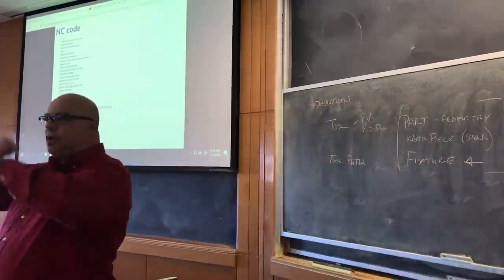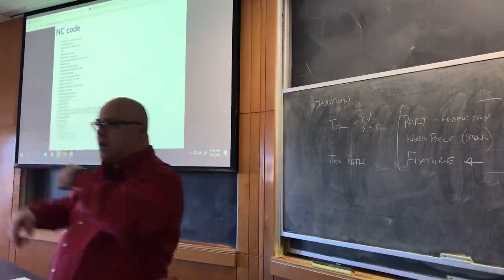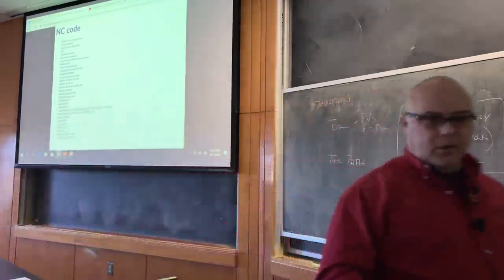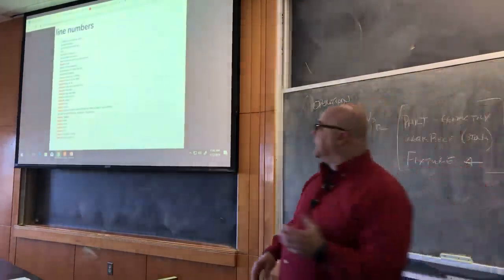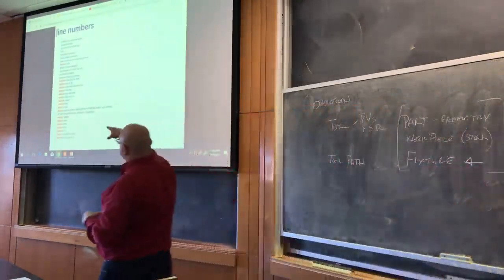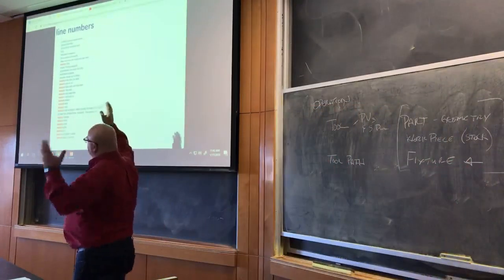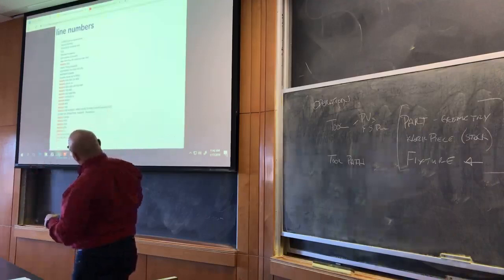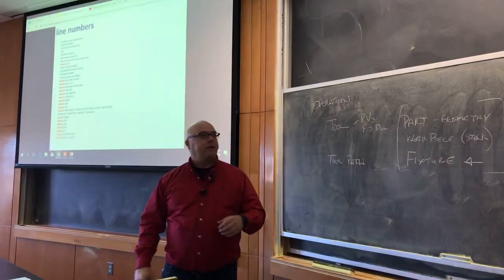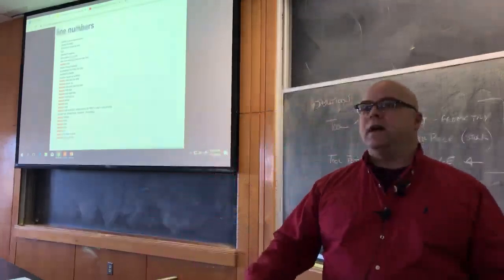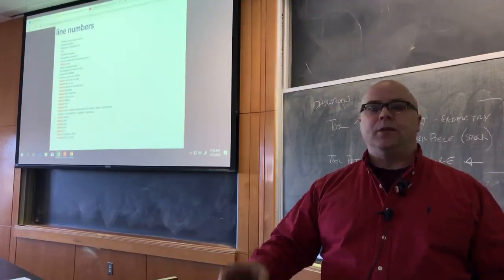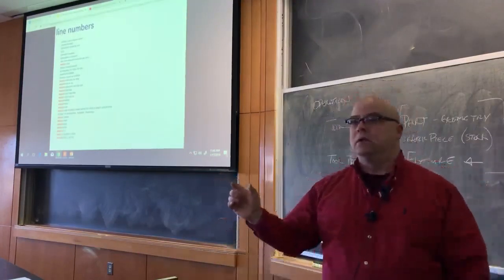You see it scroll past as you're going along. It turns out all the little codes mean something. If you're looking at it and you see N and then a bunch of numbers, I don't know if we always put so many zeros in there. We're anticipating a long program. That's a line number. What it does is it helps you if you have to restart a program in the middle.